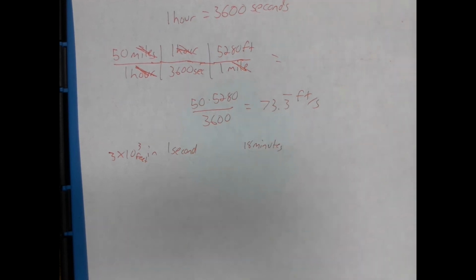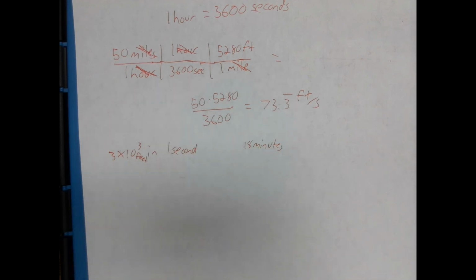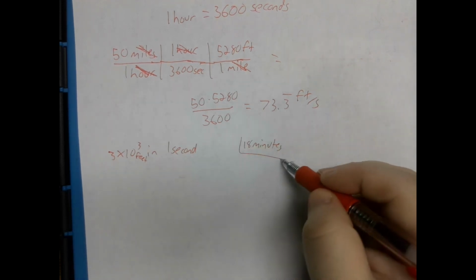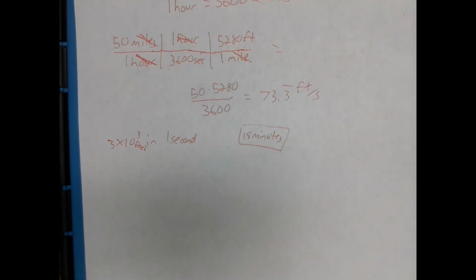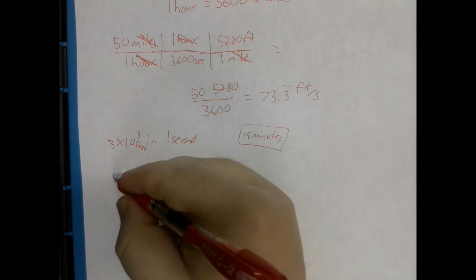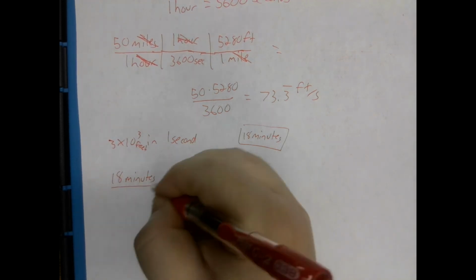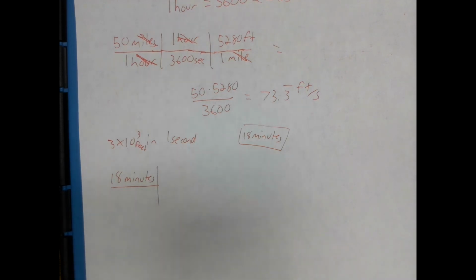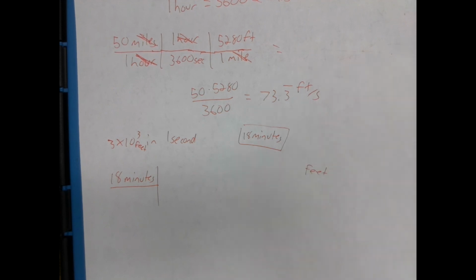How far will it travel in 18 minutes if this is how fast it travels? So this is what we would start with, because this is relating feet into seconds. So we'd start with 18 minutes, and we're going to want to end up with feet as a numerator.